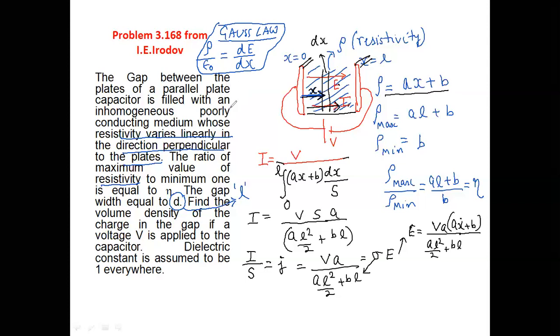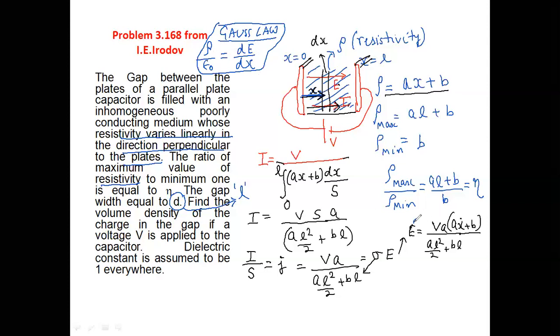Capital K, the dielectric constant, is assumed to be 1 in this question, so we have neglected it. So the density of charge over epsilon 0 is the derivative of E with respect to x if E is on the x-axis. If E is on the y-axis, you will take dE over dy.